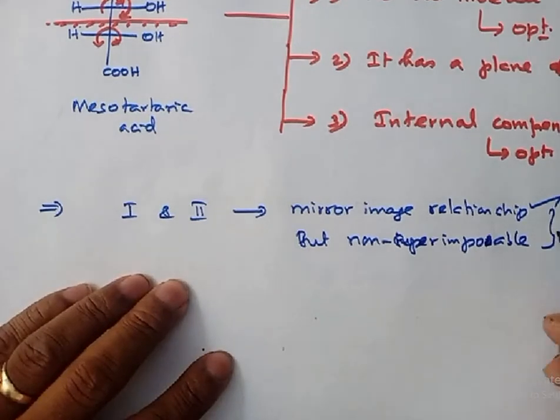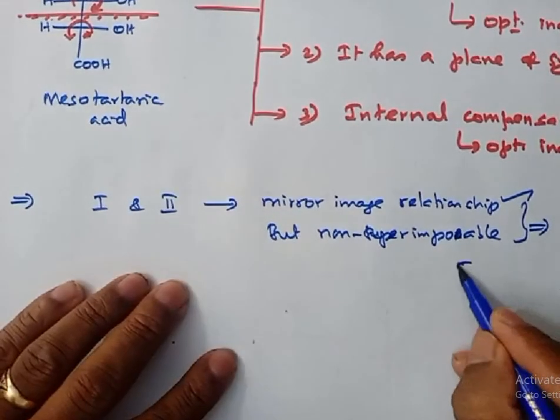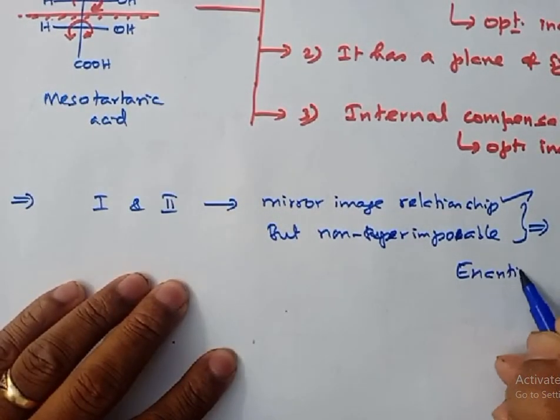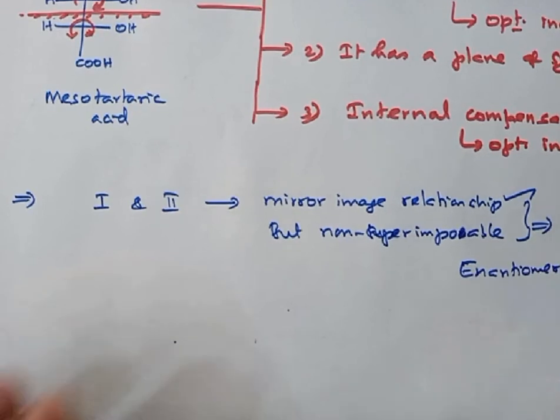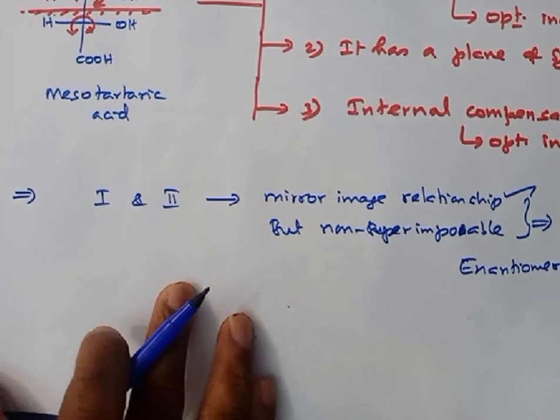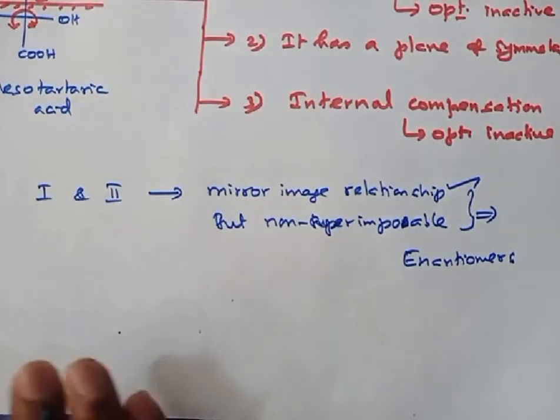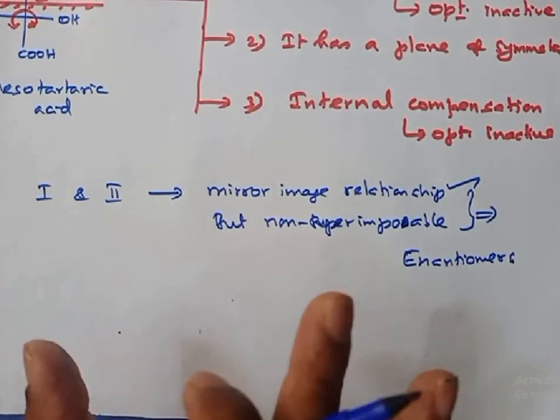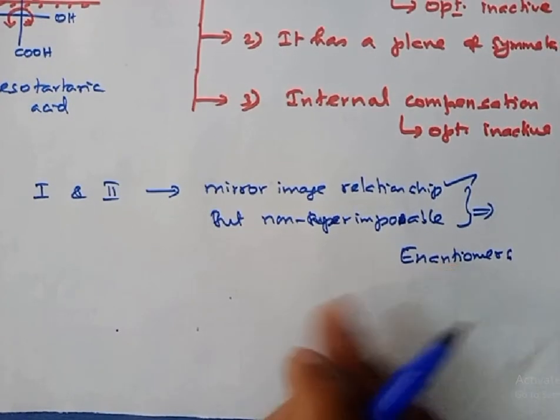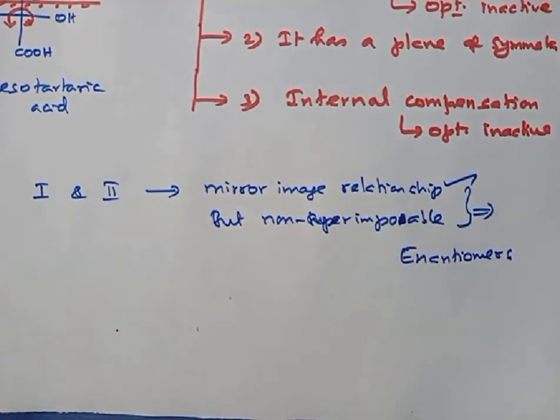Therefore 1 and 2 are enantiomers. So we have 3 isomers for tartaric acid: 2 are enantiomers, and one is meso tartaric acid, which is achiral.